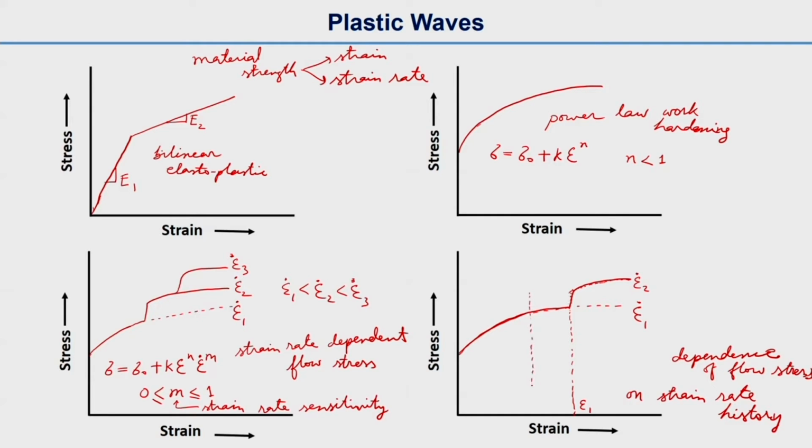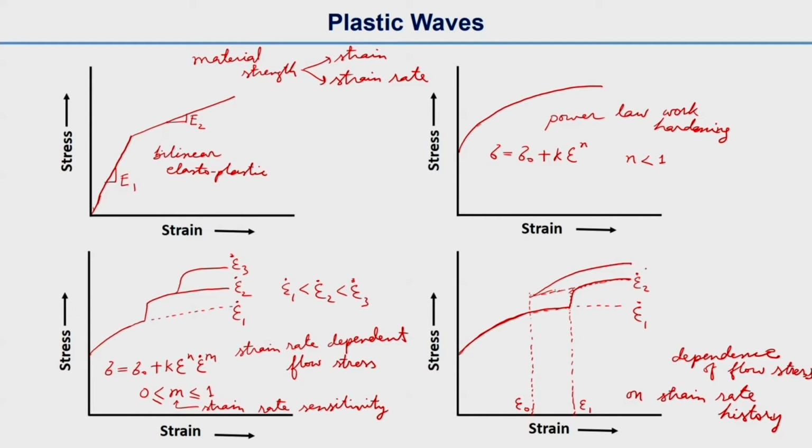But in case someone else wants to increase the strain rate at a lower strain epsilon naught, then what will happen is, with the same strain rate, actually it should be like this from our earlier predictions, but actually it goes like this.